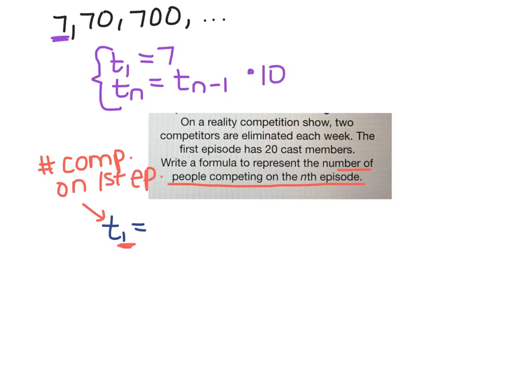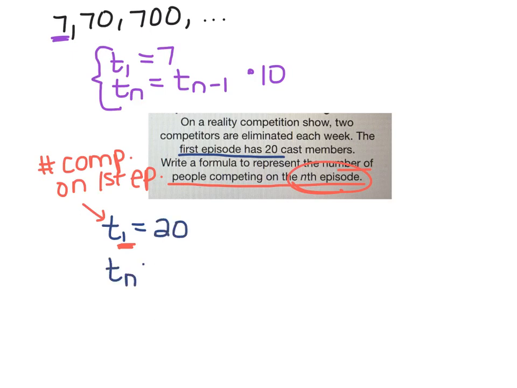That's what this 1 should be representing based on this right here. You have to think about that with every one of these because sometimes you have to adjust your answer a little bit from the numbers given to you in the problem. In this problem, you actually don't have to adjust because it tells me that the first episode has 20 cast members. So T1 here would be 20.